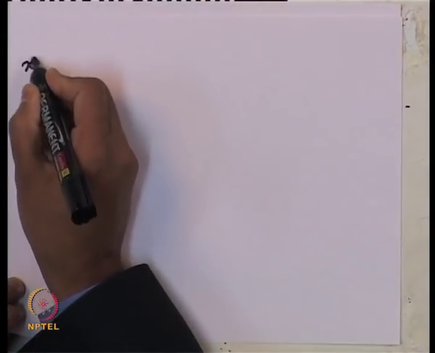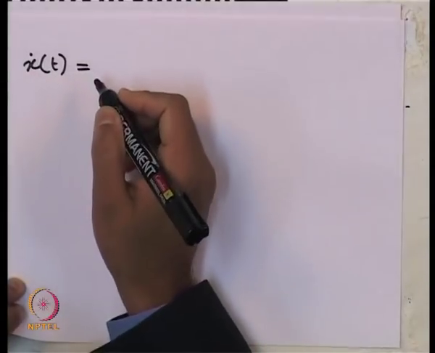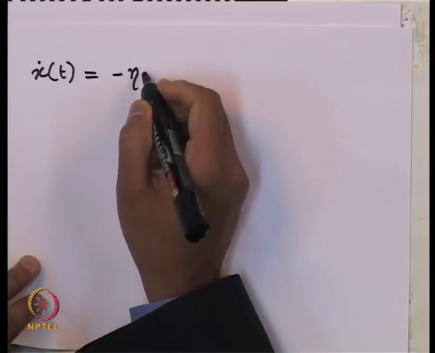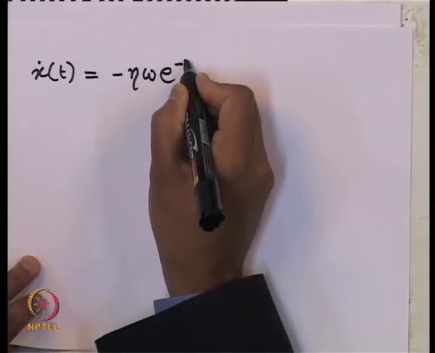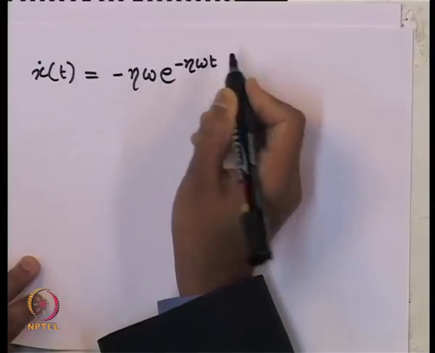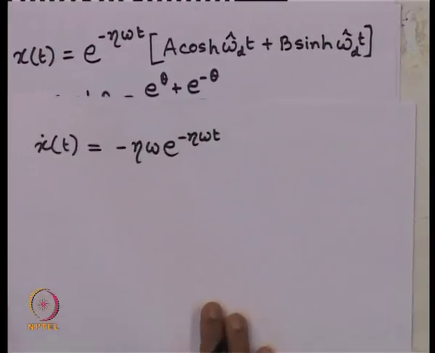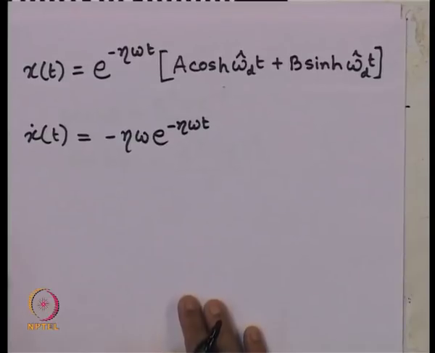So, x dot t can be written as minus eta omega e to the power minus eta omega t. Let me put the function here, so that it will be easy for us to follow.